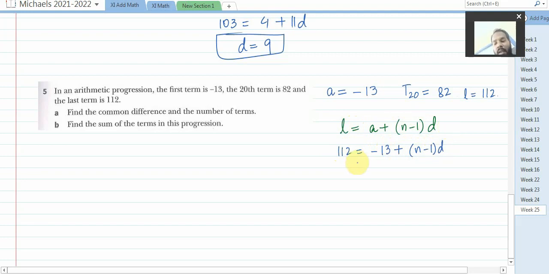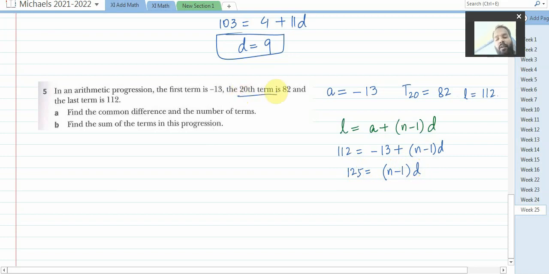But if I simplify, it will be 112 plus 13, 125. So you have 125 equals (n minus 1) times D. Alright, we need one more equation, and for that the condition given is that the 20th term is 82.